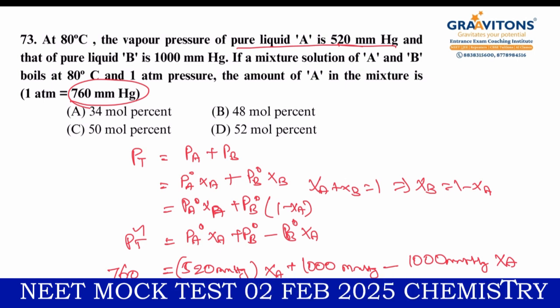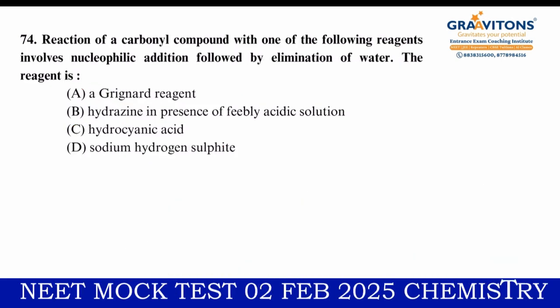They are asking the percentage amount of A, and the answer is given in mole percent. So I have to multiply that 0.5 into 100, which gives you 50%. Okay, so here the correct option is 50. Option C.